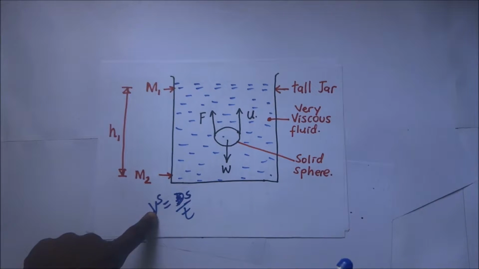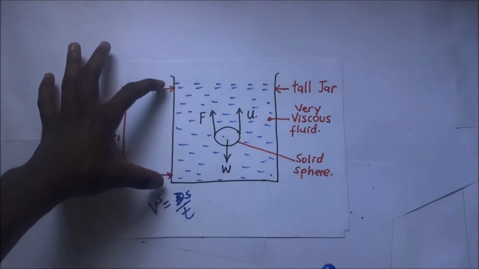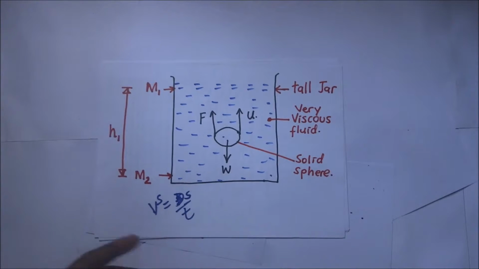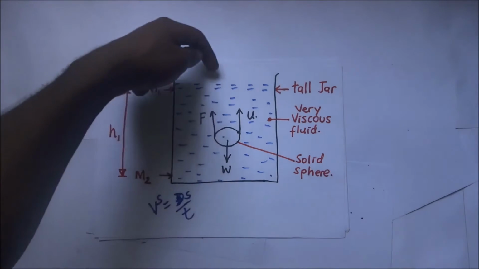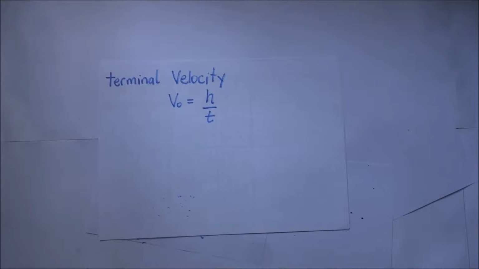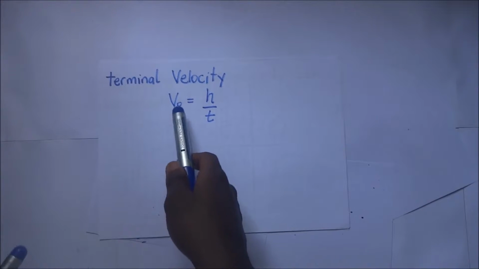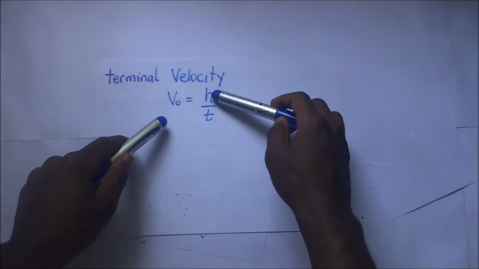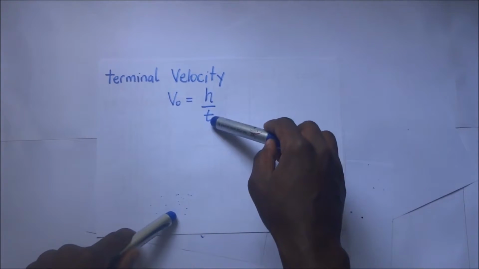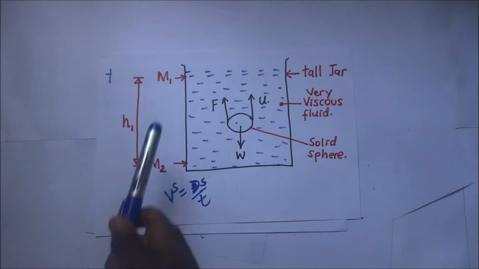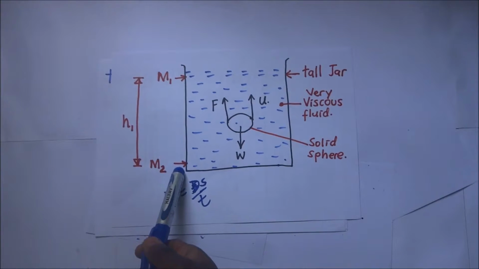So you go ahead and find the velocity, and that is the terminal velocity Vt. We shall denote it as V0, or you can call it Vt like we've been doing before. It's going to be given by h, the distance, over the time taken for that ball to fall from point M1 to M2.